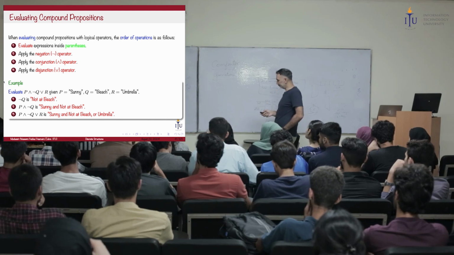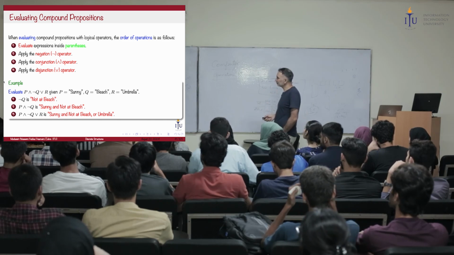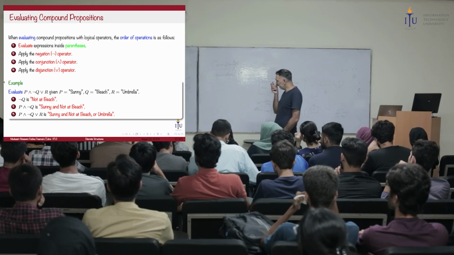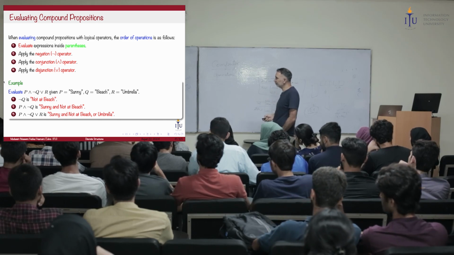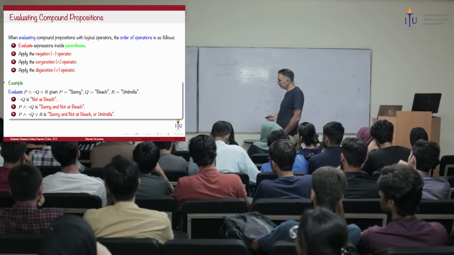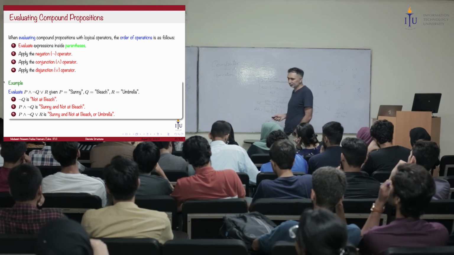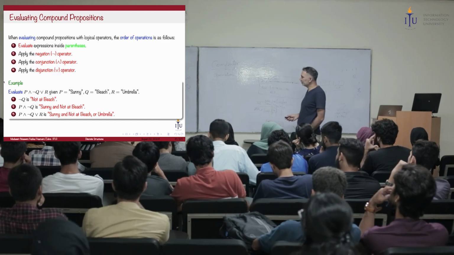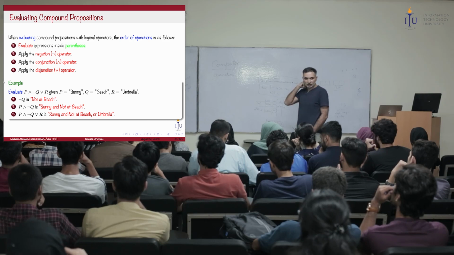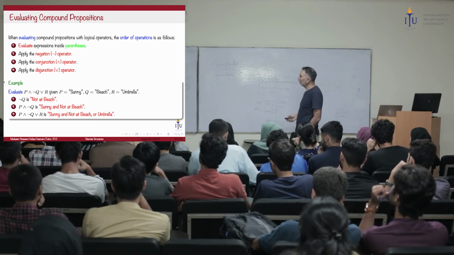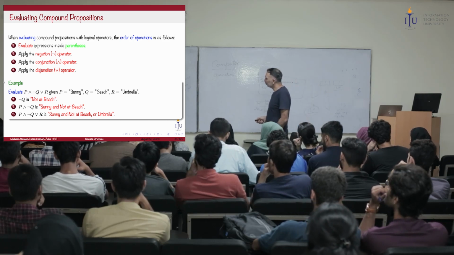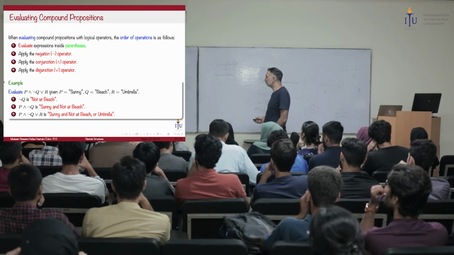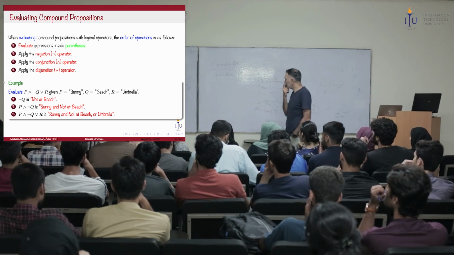All right, let's see an example. So we have P and not Q or R. In this case there are no parentheses, which means the next thing we do is evaluate the negation of Q. What is Q? Q is beach. So not Q would be not at beach.